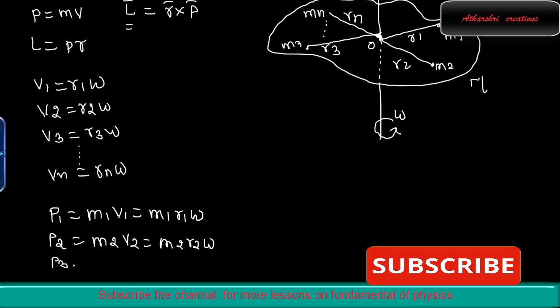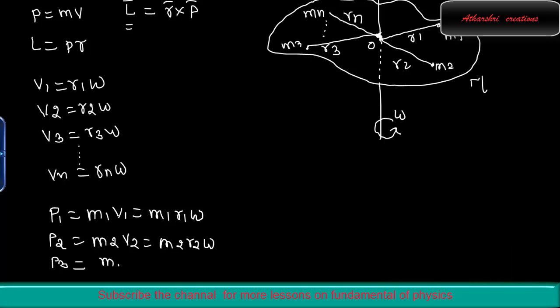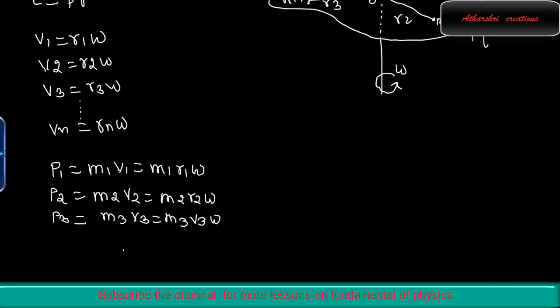Linear momentum of the third particle is m3 v3, and lastly we can write Pn, which is equal to mn into vn, which is equal to mn into rn into omega.